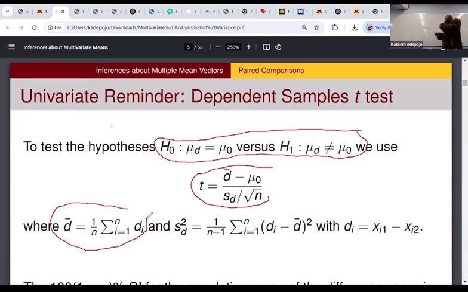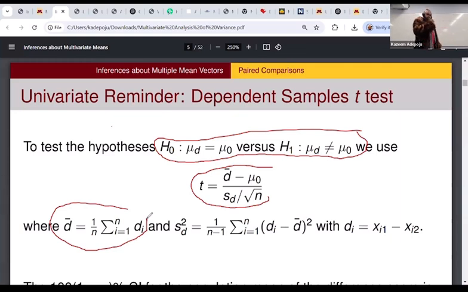Now if you want to do that, you're going to use the same set of athletes. What was the endurance before applying the physical therapy? And what was the endurance after applying that? You're going to need the difference between them, the difference between the endurance before and after application of the physical therapy.